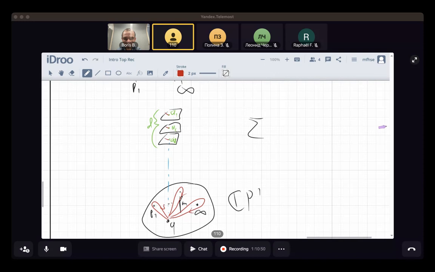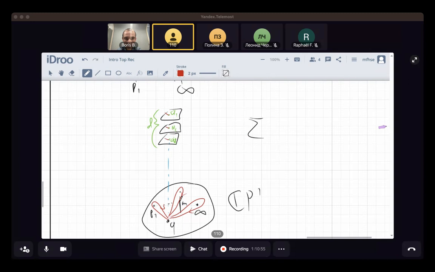Why is this the case? Because you can see that these contours, which I have here in red, are in fact the same as this contour in orange. The same in the sense that they contain all of the ramification points.